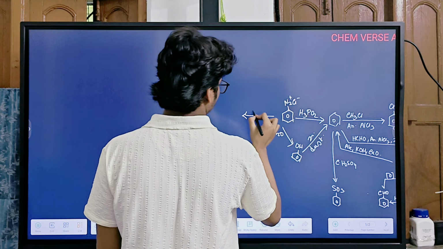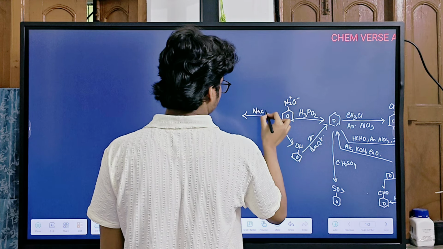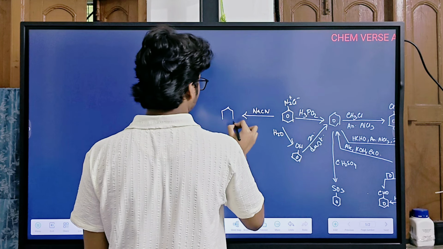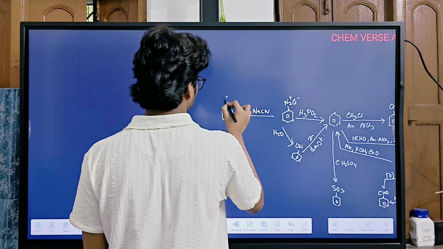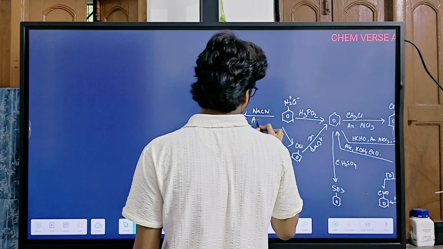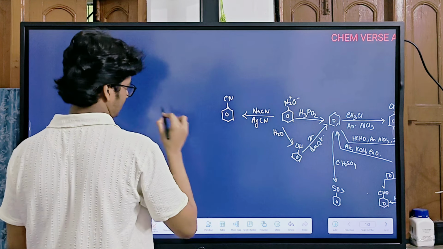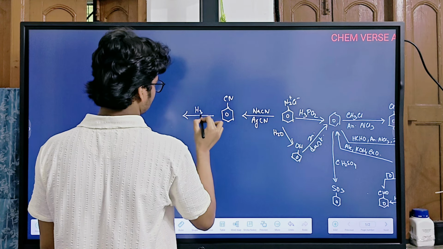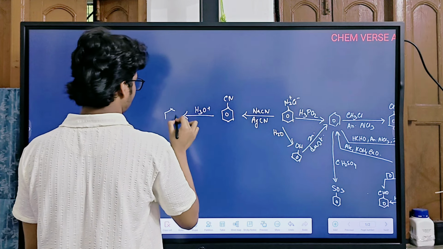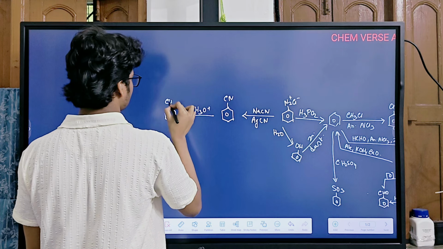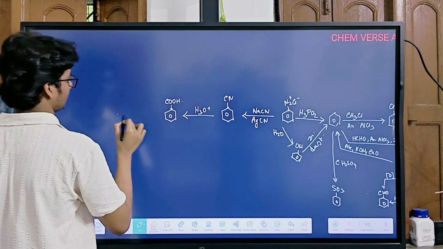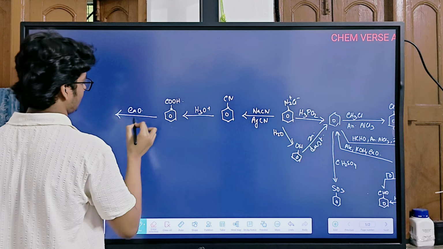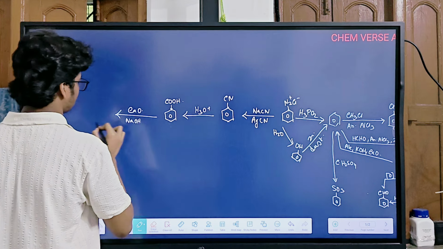This one can be converted into cyanobenzene by NaCN or AgCN, you can use either. With acidic water, that is H3O plus, it will give benzoic acid, COOH, which on further reduction with CaO and NaOH will give back benzene.